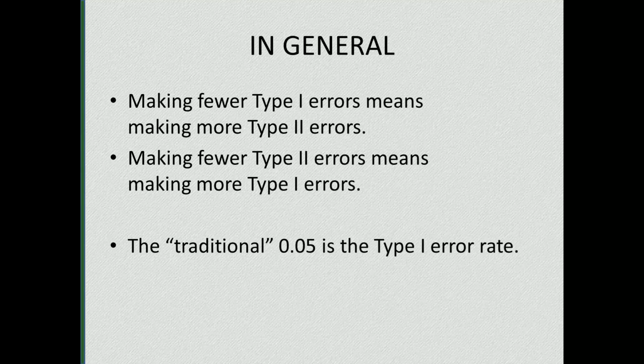It's entirely possible to toss a perfectly fair coin and get a really odd, unusual result. 90 heads. We reject the coin. It's a fair coin, but we've rejected it. We've made a type 1 error. And traditionally, we do that 5% of the time. We traditionally set a 5% error rate.